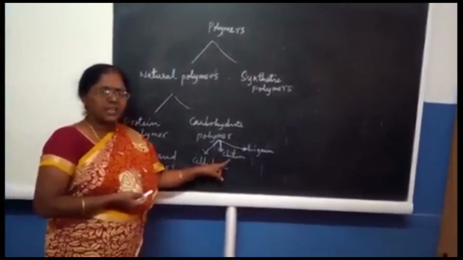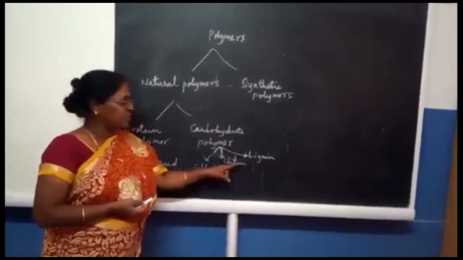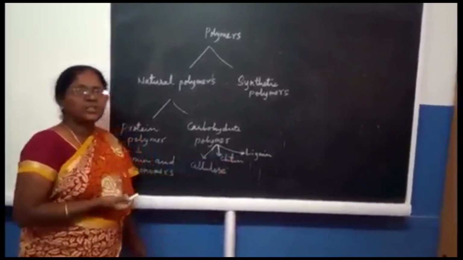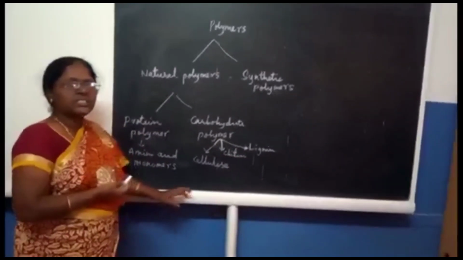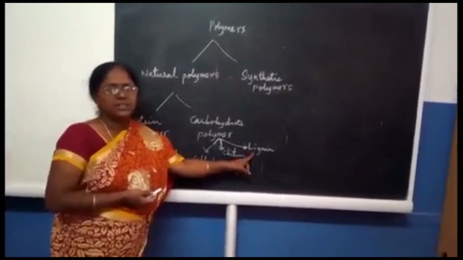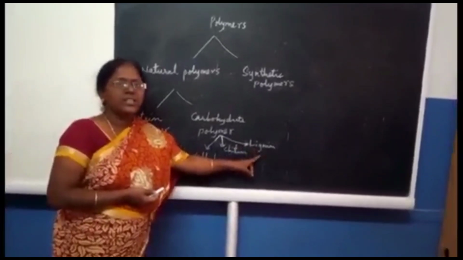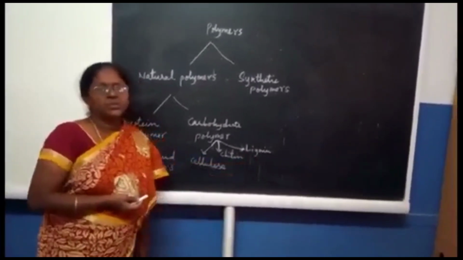Next comes chitin. It is present in the cell wall of mushroom and exoskeleton of insects, such as crabs, spiders. Last comes lignin. It is the network polymer and it is giving structure to plants.